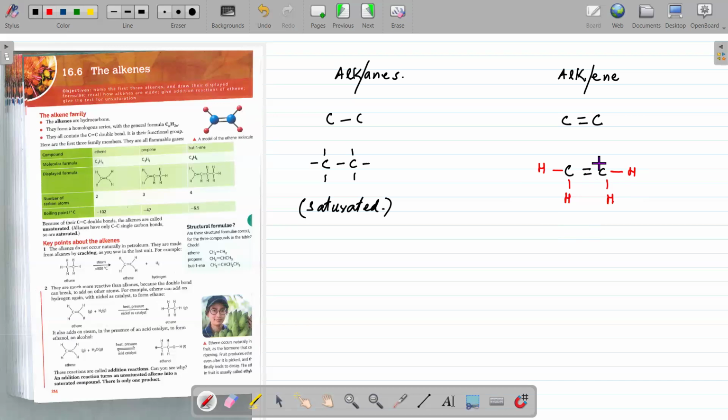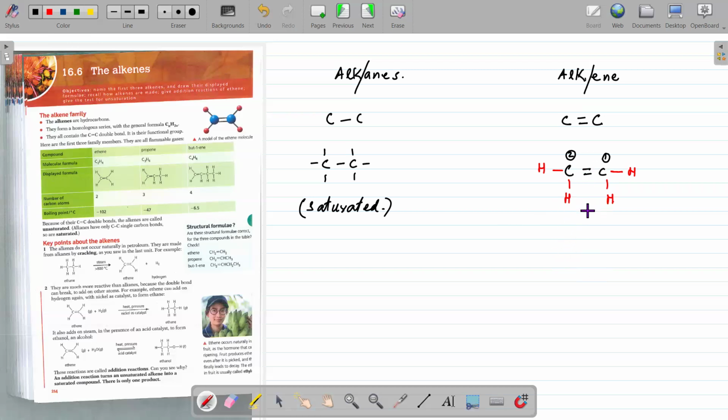So you can see, if I number this carbon as carbon 1 and this carbon as carbon 2, carbon 1 is making 1, 2, 3, and 4 bonds, and carbon 2 is also making 1, 2, 3, and 4 bonds. But the difference between alkane and alkene is that the carbon is not making four single bonds. Clear?